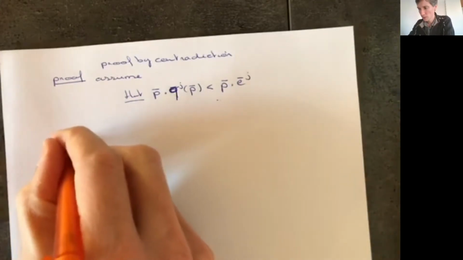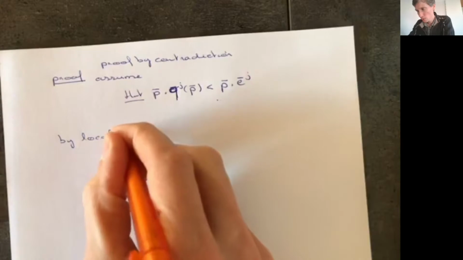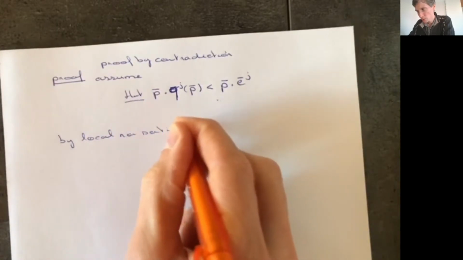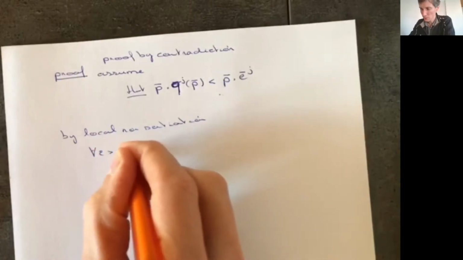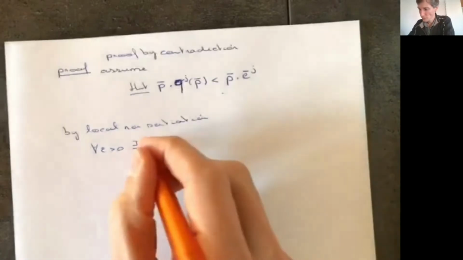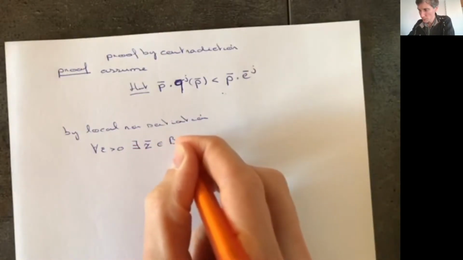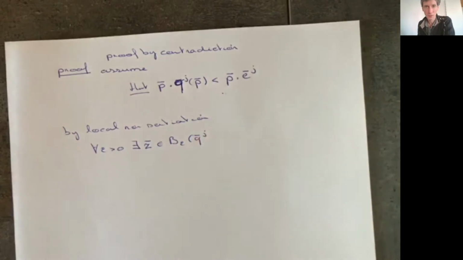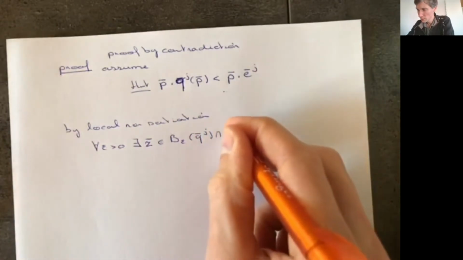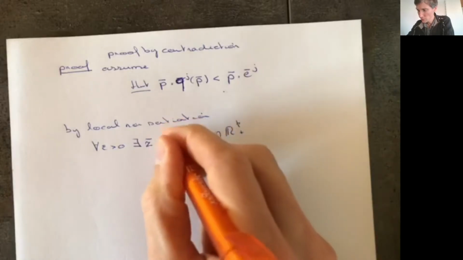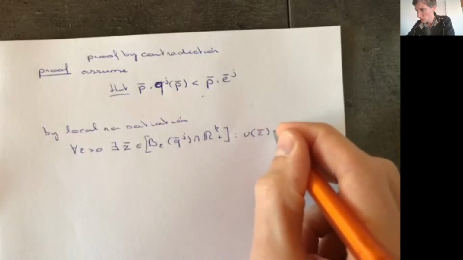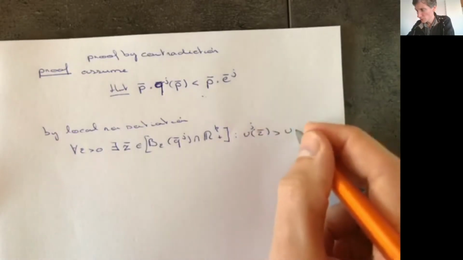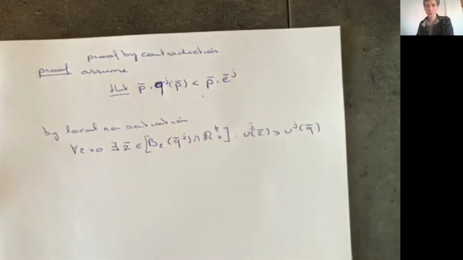Okay, so by local non-satiation, I know that for all epsilon bigger than 0, there exists a Z in B epsilon of Qj intersection R^k plus, such that Uj of Z is strictly better than Uj of Q. Okay, so this is what we're going to use.